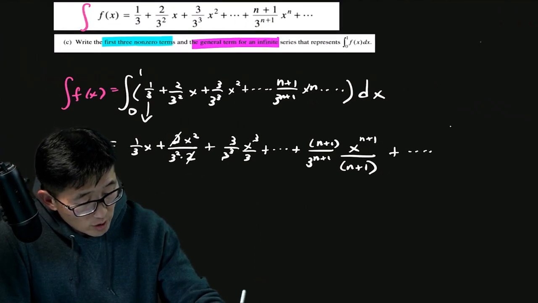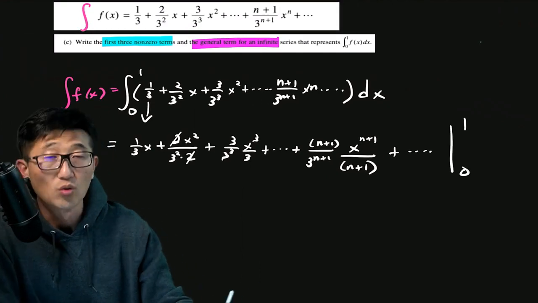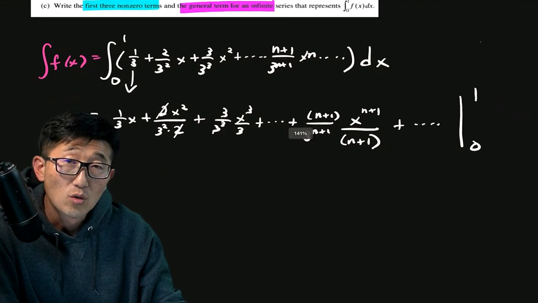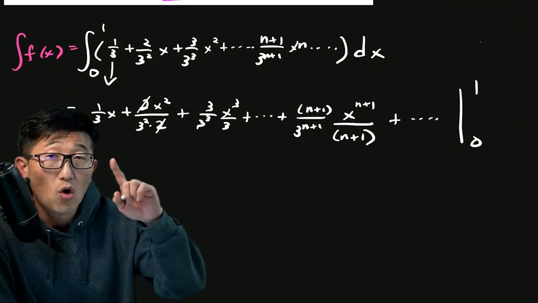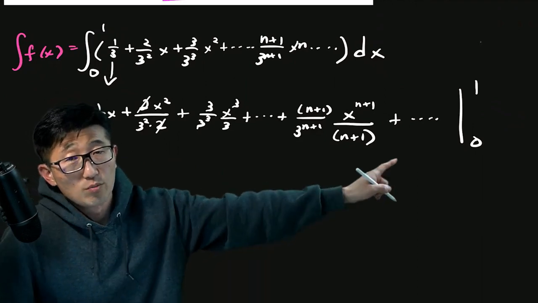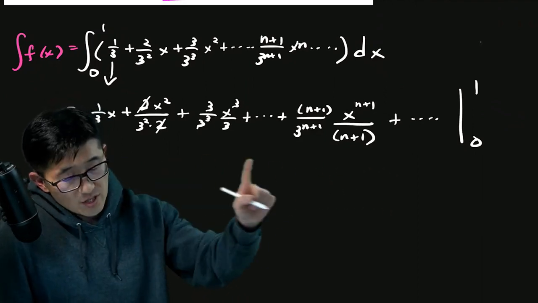And you want to evaluate this from 0 to 1. So what does that mean? Well, you have to plug 1 into all of this and then subtract 0 plugged into all of these terms.